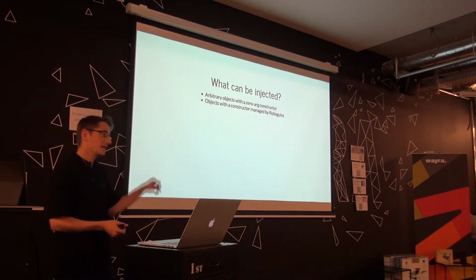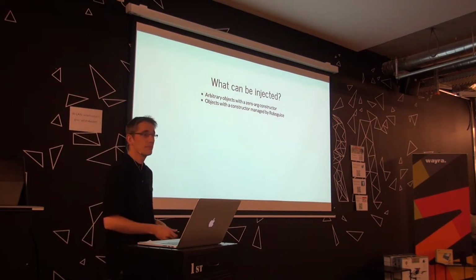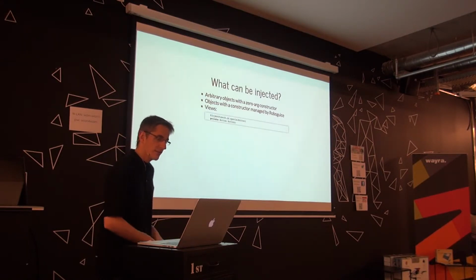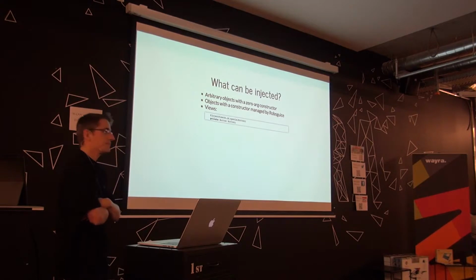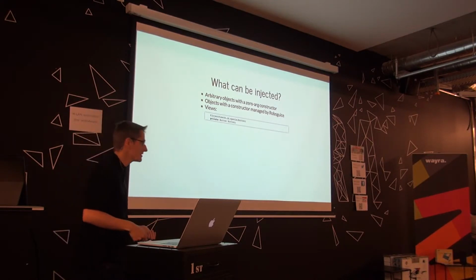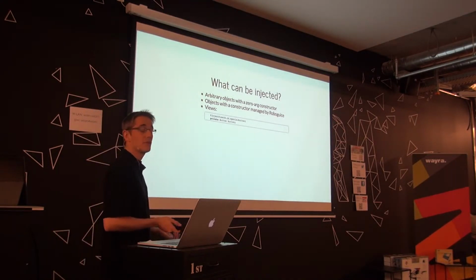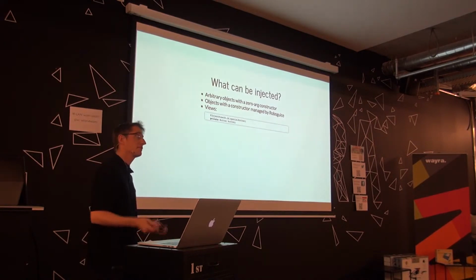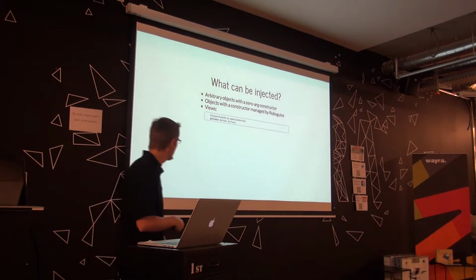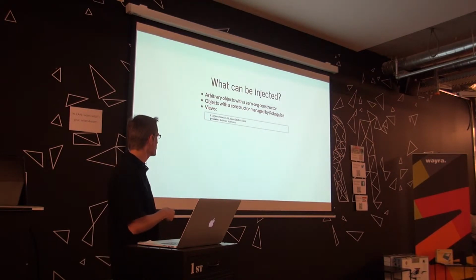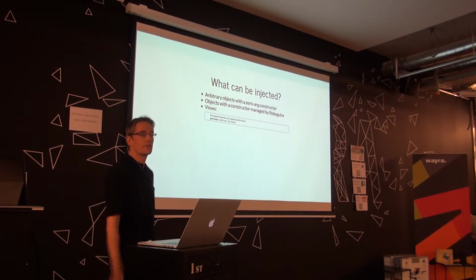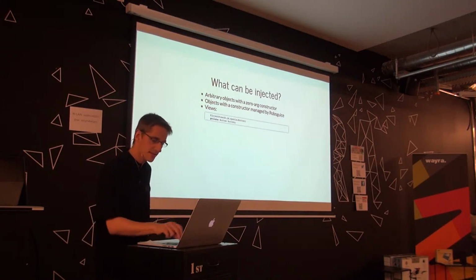So if we got an inject at an object, we can inject this one also. We can inject views. So this is really cool because before we had to find the views, so activity findViewById, blah blah blah. Now we can just put this annotation on there, and our onCreate method gets a lot less cluttered.